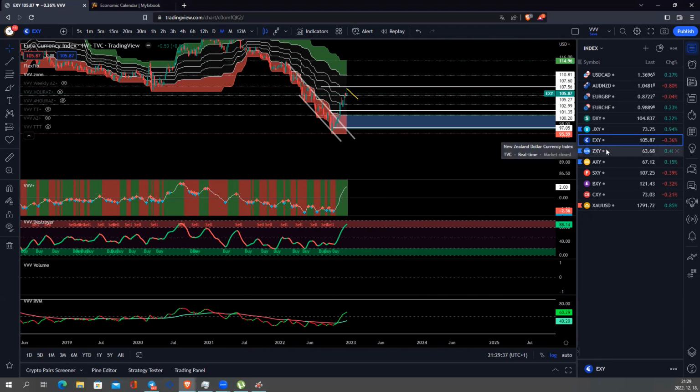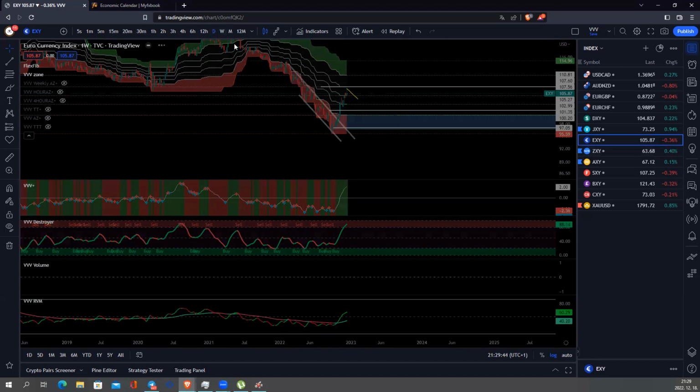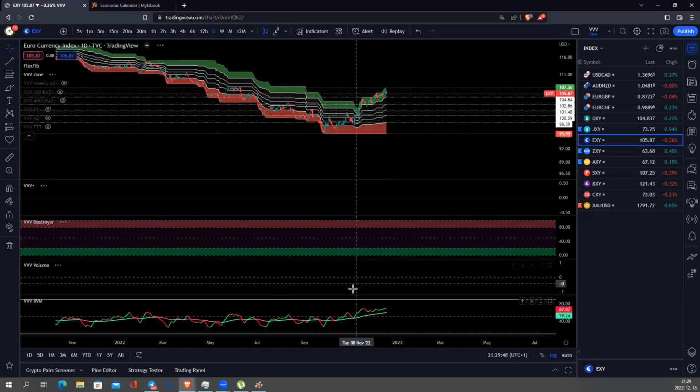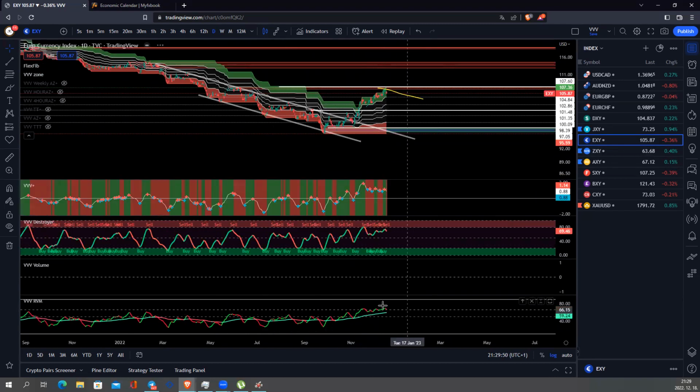Okay, but we are trading on momentum. It's all about what we see on the smaller time frames as well. The daily basis is about to cross, the bearish momentum kicking in on the VVV plus.